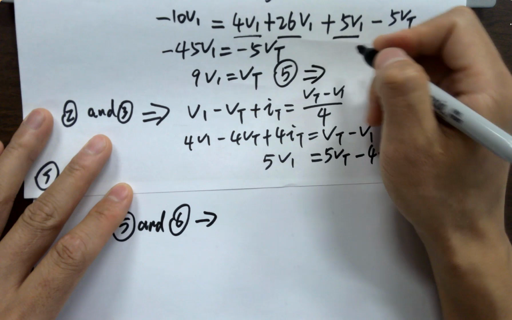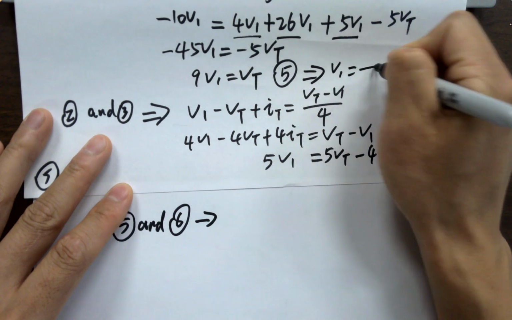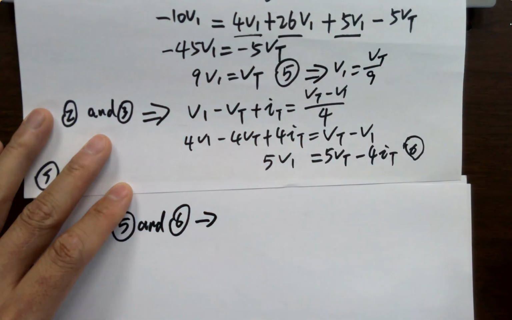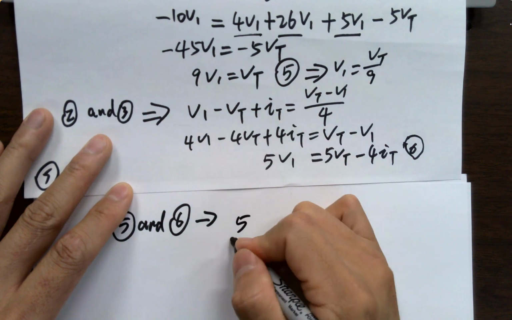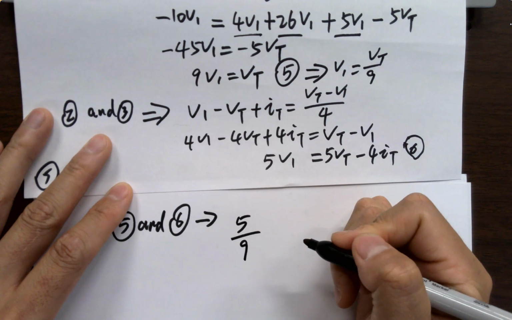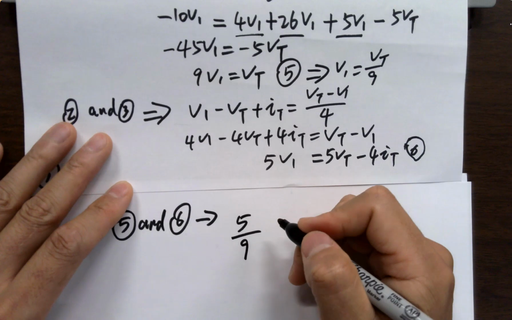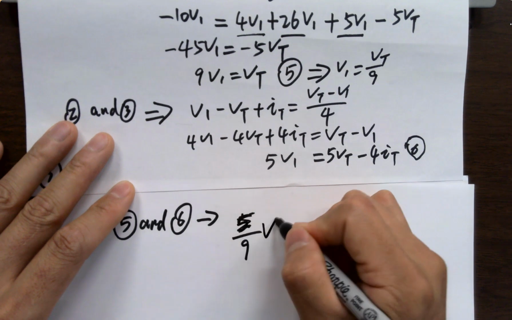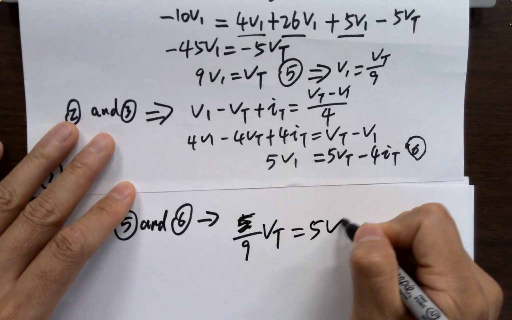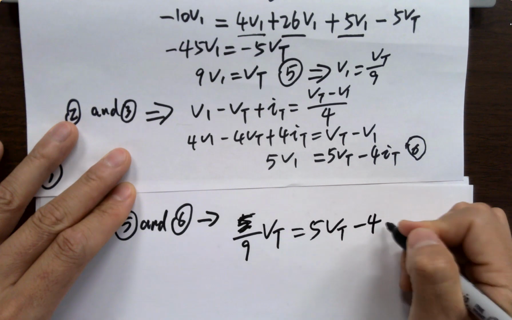We're getting V1 equals 9 over Vt. Oh, Vt over 9, right? Plugging in 5, 9. Oh, no, that's right. Yeah, actually, that's correct. Vt equals 5 Vt minus 4 It.